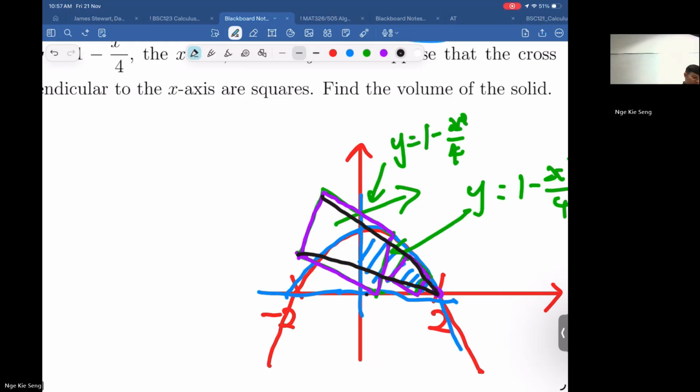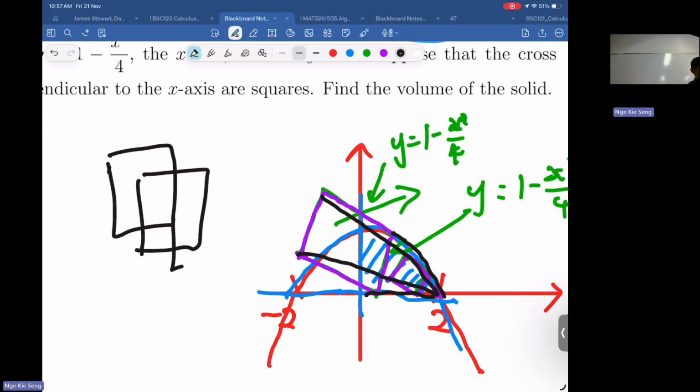Imagine. So you have a big square, and then a smaller square, smaller square, smaller square, smaller square, joined together.